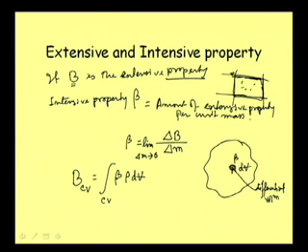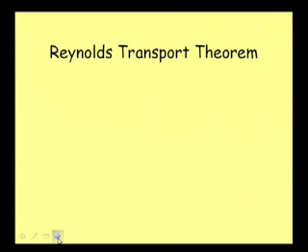And let me give an example. Say our property is mass. Okay, we can talk about momentum also. This can be mass, momentum, anything.